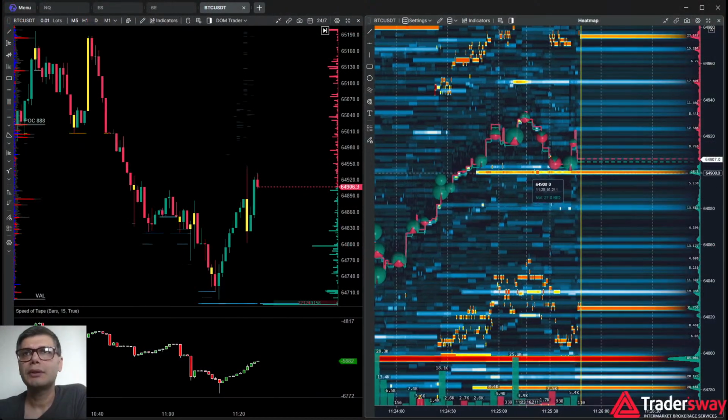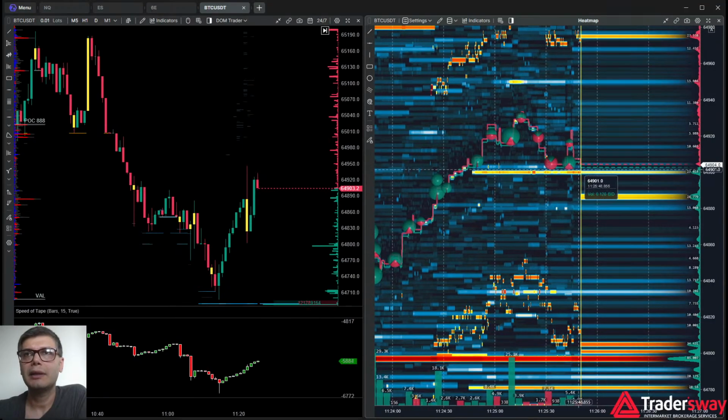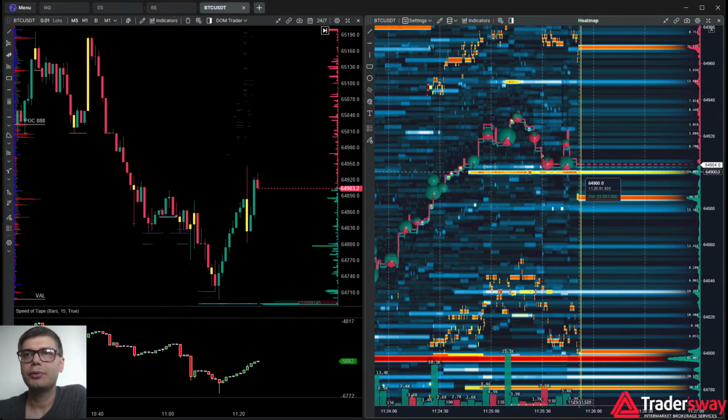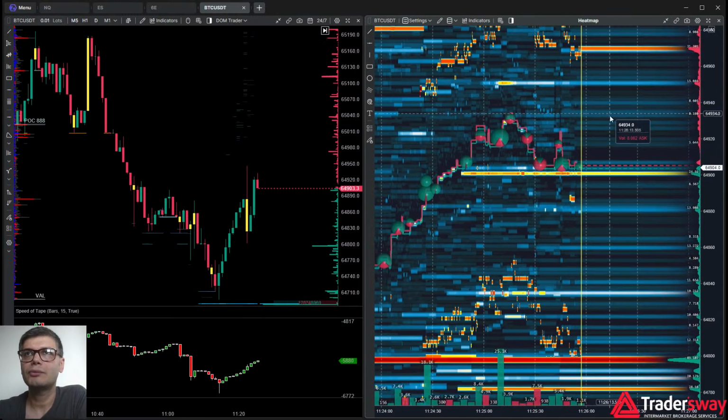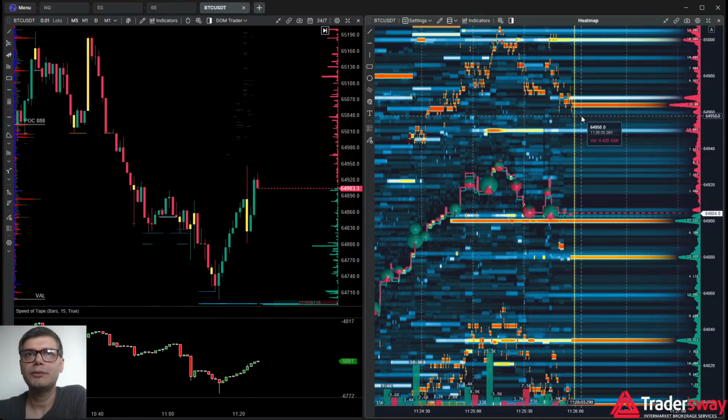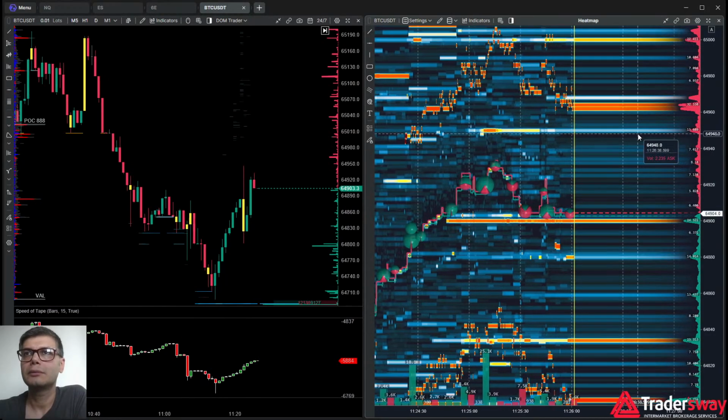So let's see. Now again, buyers are pulling their orders in here. Let's see if it can hold, or sellers would push. Is it the price here or here? Let me refresh this.